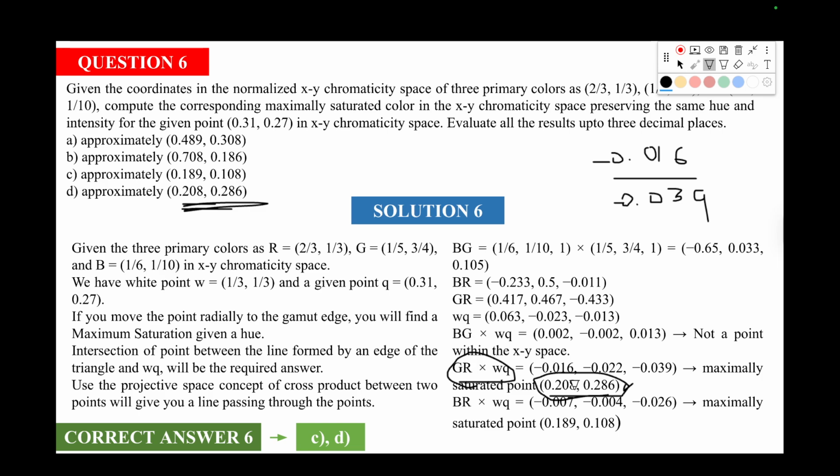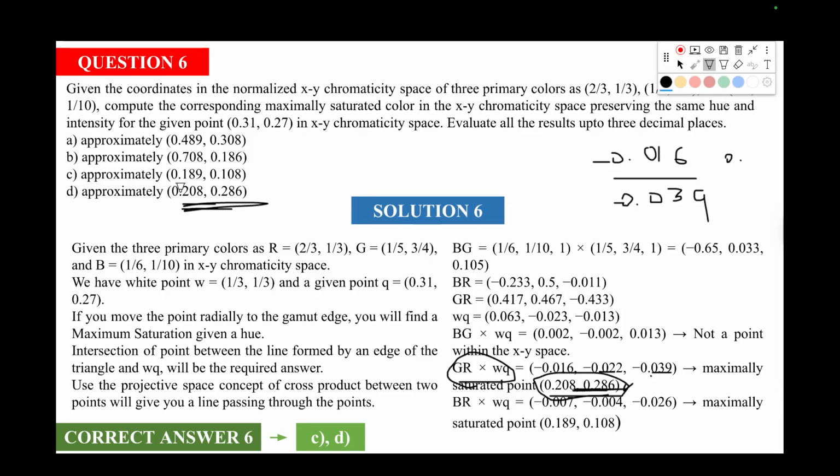But whatever the procedure, the answer is minus 0.016 divided by minus 0.039, and this is 22 divided by 39, which is 0.56. So 0.41 and 0.56 will be your answer.